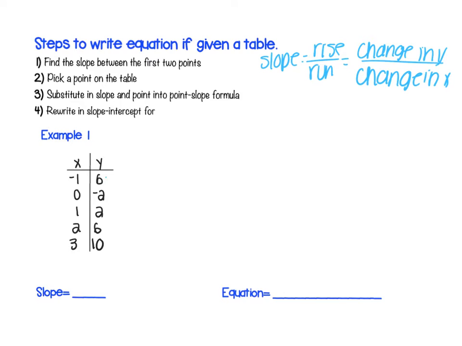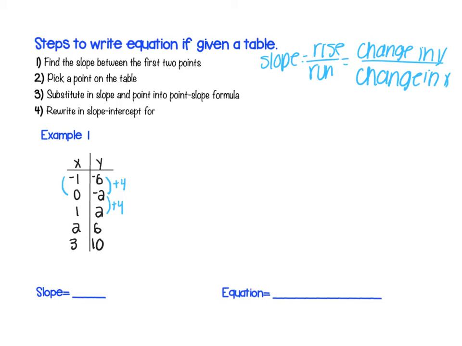So I look at my y values and I go from, sorry, that should be a -6. Let me fix that really quick. So I go from a -6 to a -2. So in order to do that, I would add 4. And just to double check, I also added 4 to go from -2 to 2.